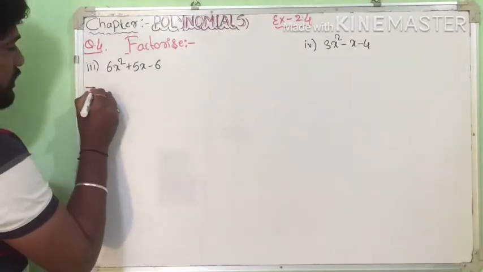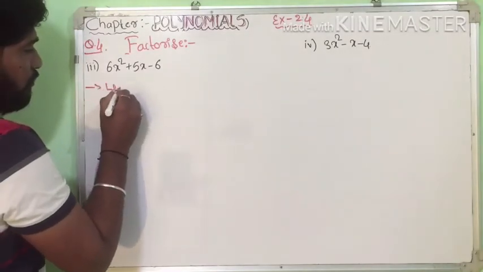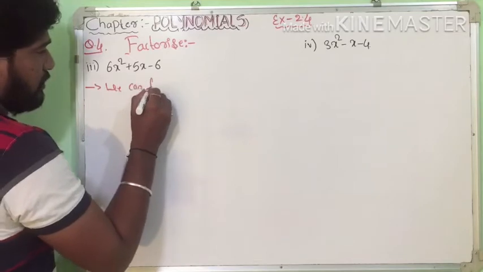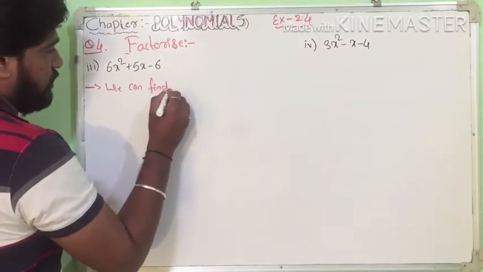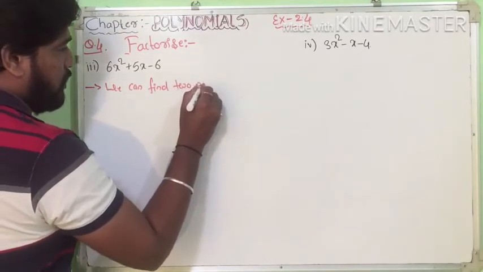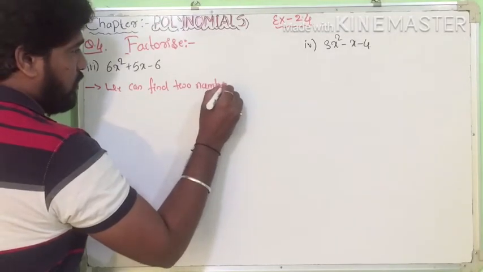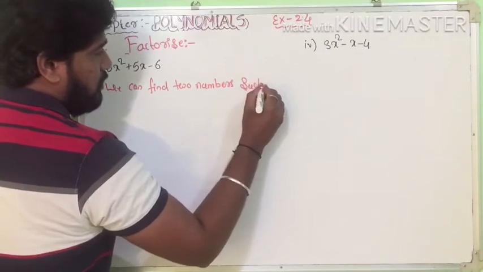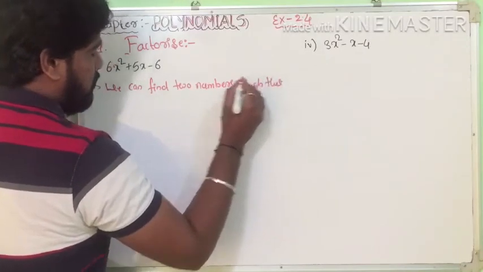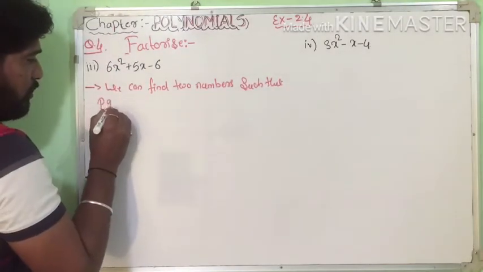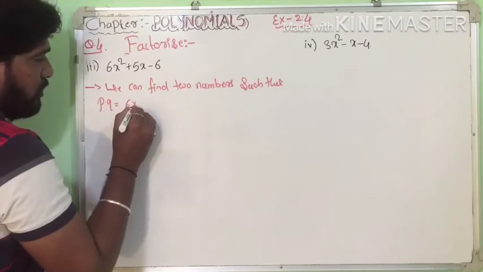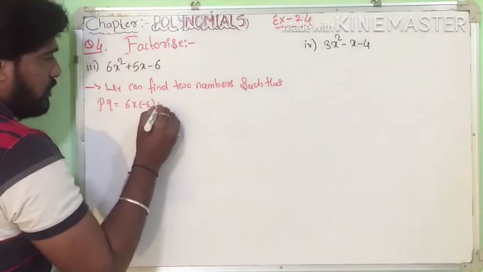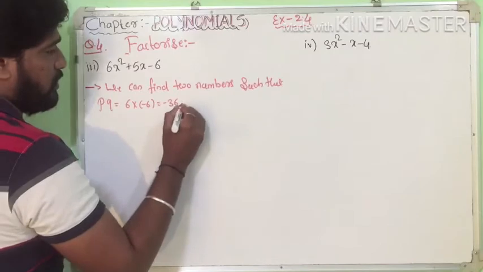So we want to find these two factors. First write down: we can find two numbers such that p into q is equal to 6 into minus 6, which is minus 36, right?